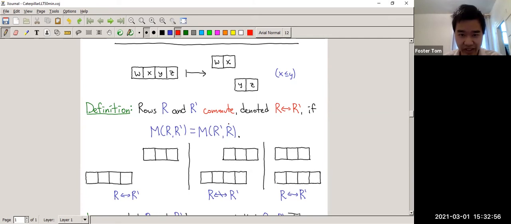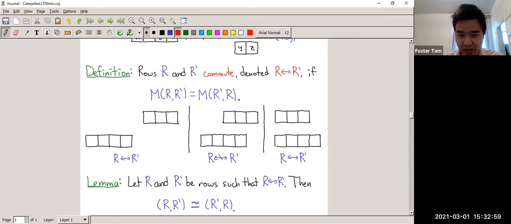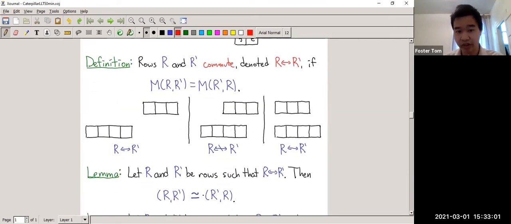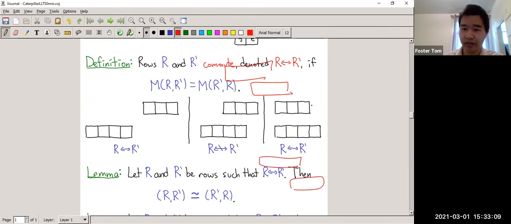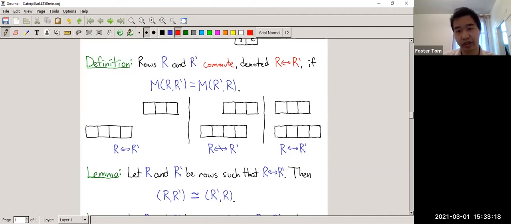And why am I calling this commuting? Because if I have two rows that commute, I can switch the two rows and I'll get the same LLT polynomial. So even if there are a bunch of other rows, if I have two commuting rows like I do here, I can switch the two rows and the LLT polynomial will be the same. This is proven by a bijection similar to before.